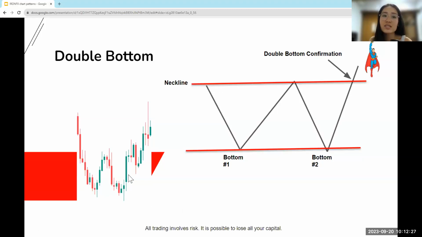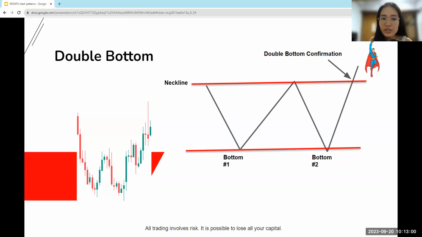It's okay if it exceeds by a little bit, as you can see from our example, but it should be approximately horizontal for you to take note of it. So you can take note of the entire length of the wick, and you don't have to just measure it from the body of the candlestick. And then once price breaks out of this neckline or this resistance level, then we can say that there is a double bottom confirmation.